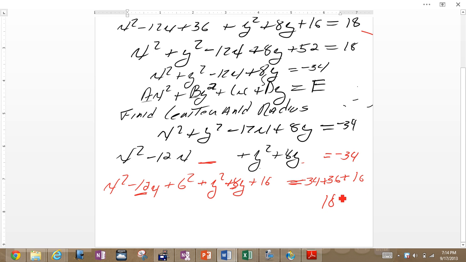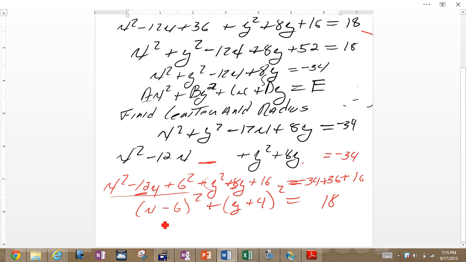There's our 18. Okay? Over here, this should be recognized as a perfect square trinomial, which factors as x minus 6 quantity squared, plus, again, this is going to factor as a perfect square trinomial, y plus 4 the quantity squared, and there you have it.